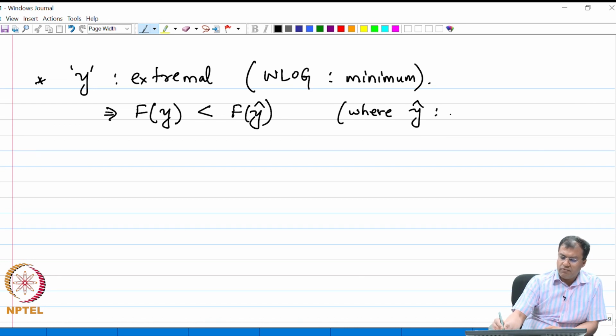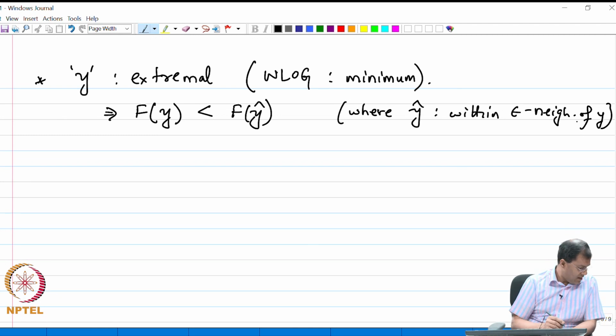where y hat is within, let us say, an epsilon neighborhood of y, close enough to y.